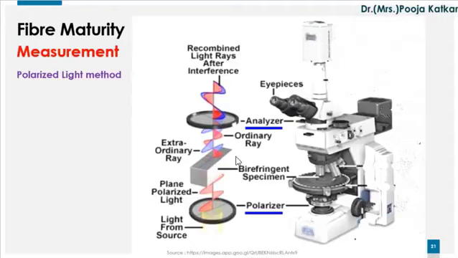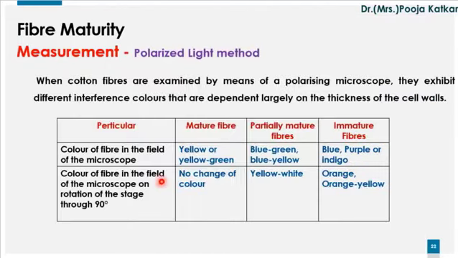And thus when we observe a cotton sample based on maturity level, we could get different colors for different fibers because of the difference in split of ordinary and extraordinary ray. Hence, when we observe cotton fibers with the help of a polarized microscope, we could get different colors for fibers.